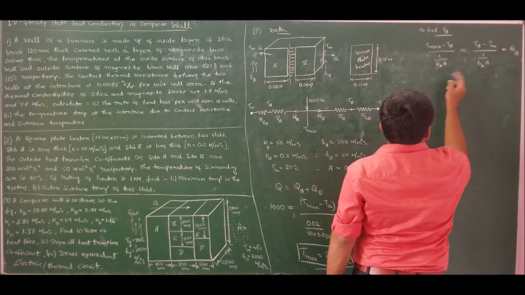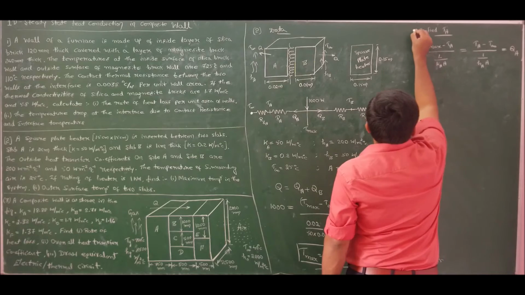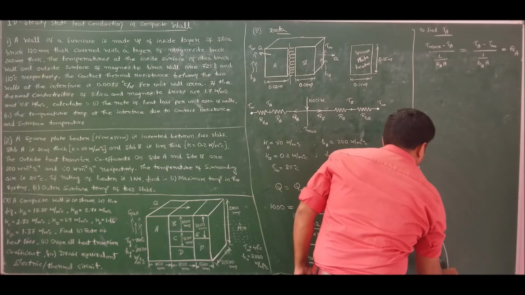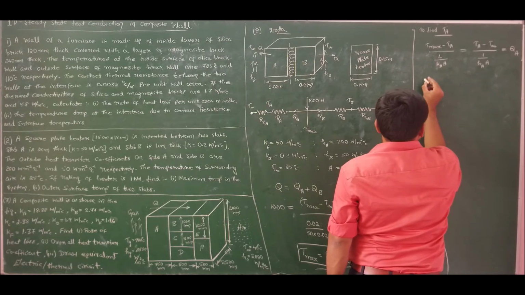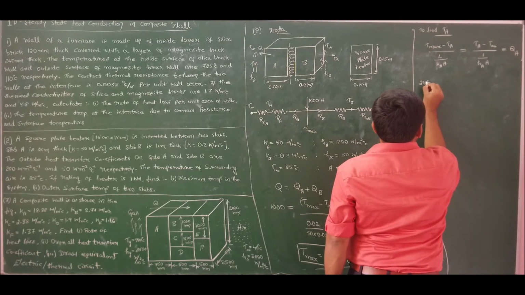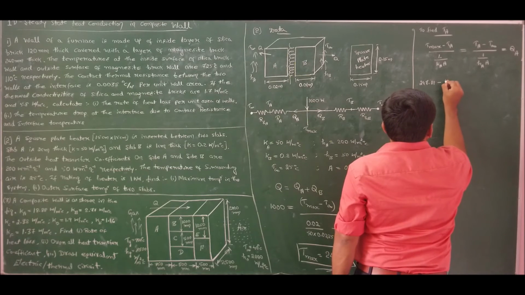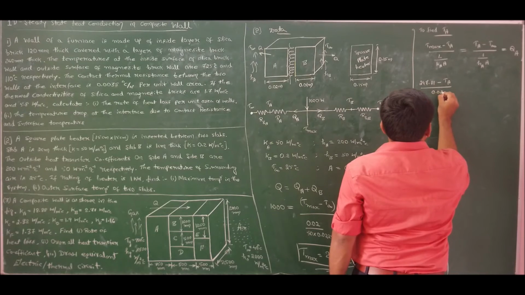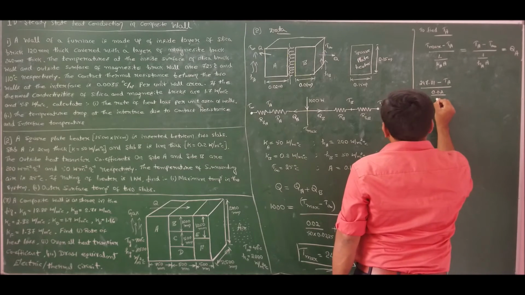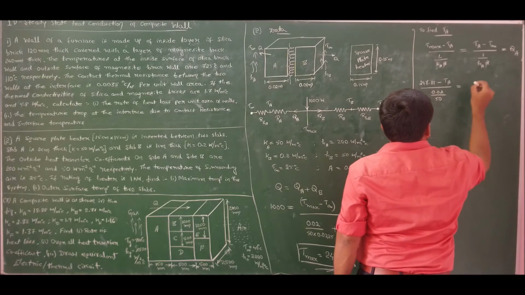So from this I can find the value of TA. Tmax is calculated as 247.81, minus TA, which is unknown, divided by length 0.02 divided by thermal conductivity 50. We cancel off area on either side.